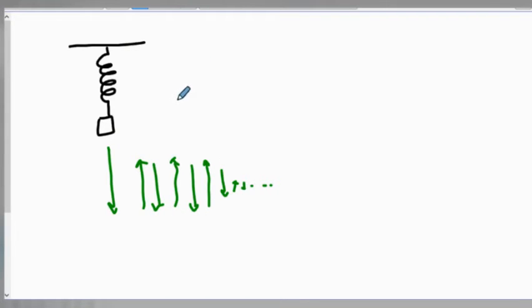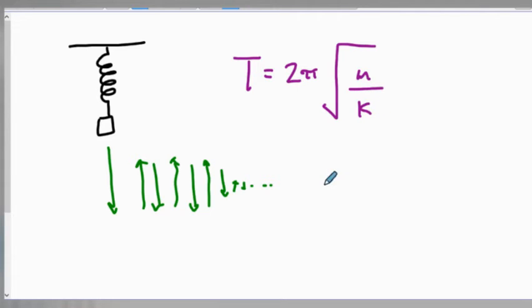And we could figure out the length of time that it goes up and down, just like we did with the pendulum going side to side. And there is a formula, and it looks very similar to the one we just saw, that the period is equal to 2 pi times the square root of the mass that we're using divided by the spring constant.